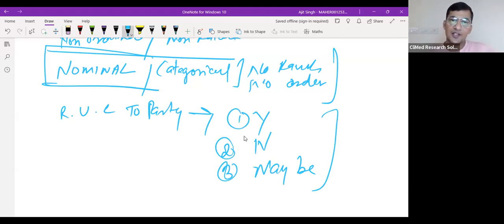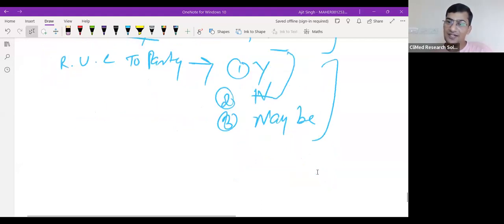Is there any rank in yes, no, or maybe? Guys, please tell me. Is there any rank, or just yes, no? No, there is no rank. But still there are categories, either yes or no or maybe.